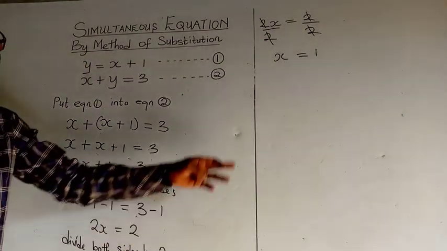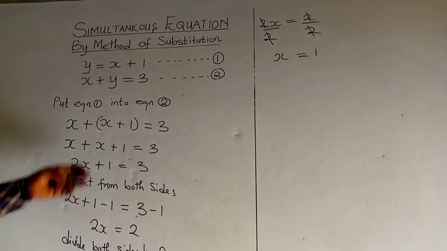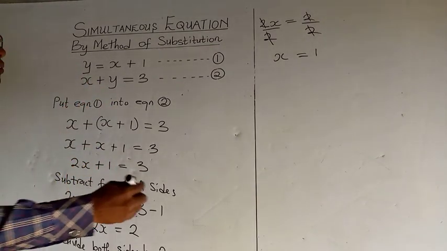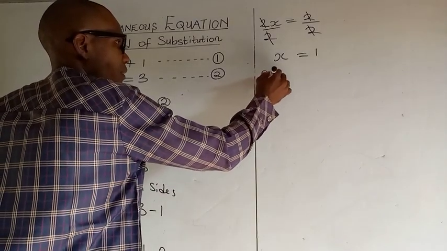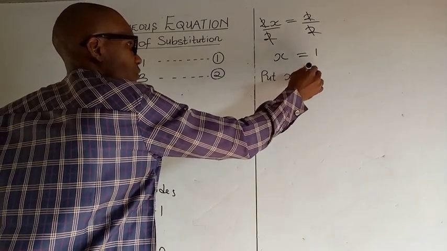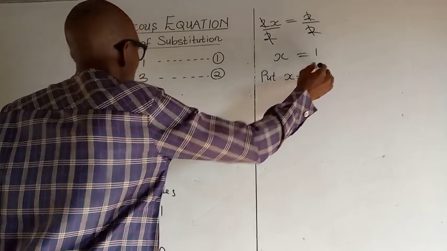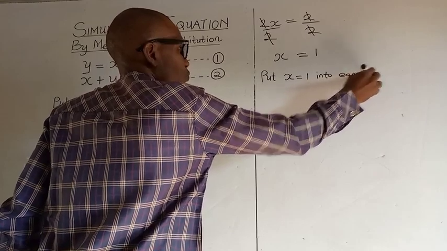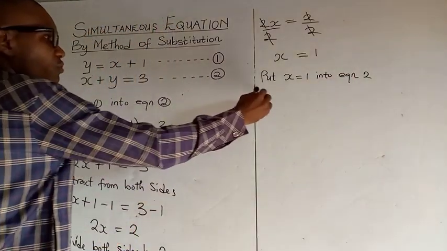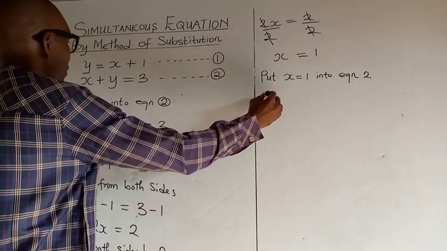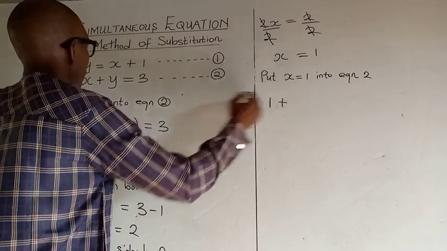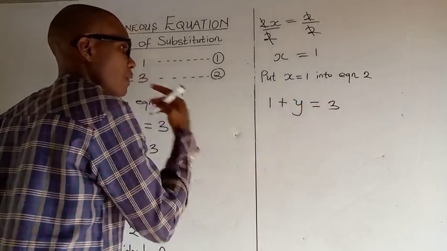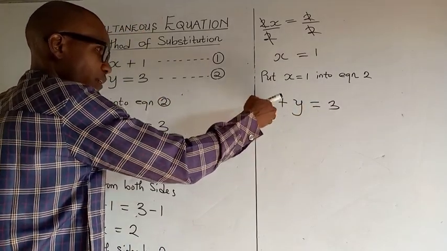We can now put x equal to 1 into any of the equations to get the value of y. So we put x equal to 1 into equation 2. We just do it like this: 1 plus y equal to 3. So how do we remove 1 from here?